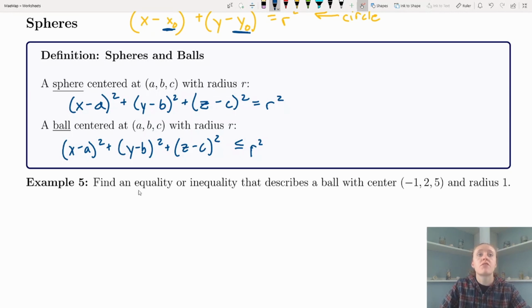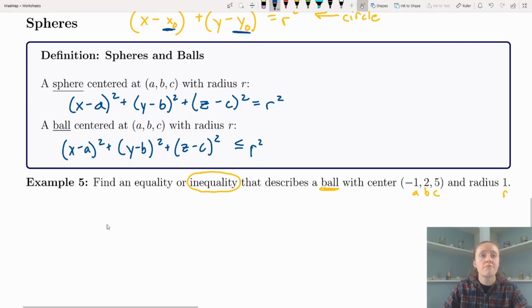In example 5, it says find an equality or an inequality that describes a ball with center negative 1, 2, 5, and a radius of 1. Right away, because we're describing a ball, that means that we're dealing with what? An equality or an inequality? A ball is an inequality. So I know I'm going to be in the form of x minus a squared plus y minus b squared plus z minus c squared is less than or equal to r squared. And it tells me my center. There's my a, b, and c, and my radius is 1.